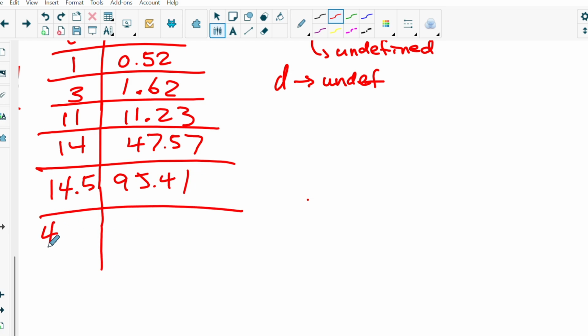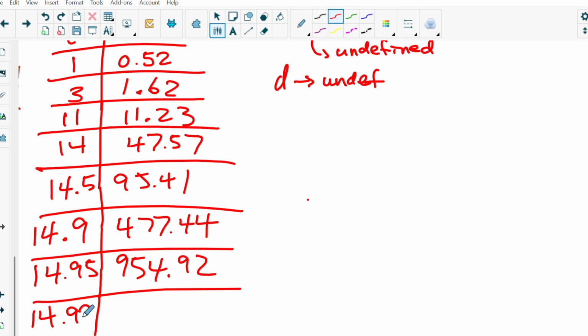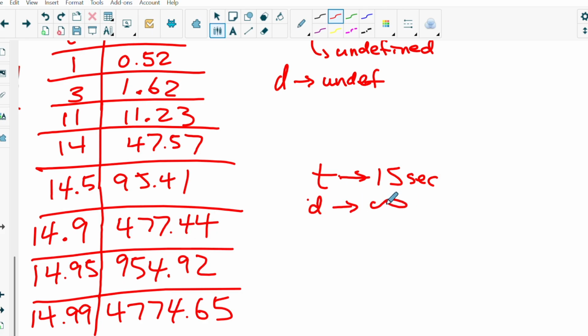Let's go to 14.9: 477.44 meters. Let's go to 14.95, even bigger, 954.92 meters. Let's go to 14.99. You get the idea. I get 4,774.65. So that's what happens as t approaches 15 seconds: d approaches infinity.